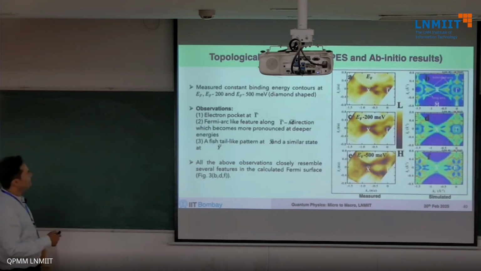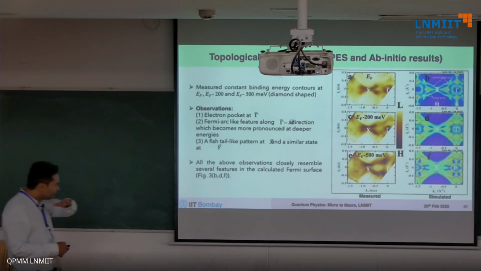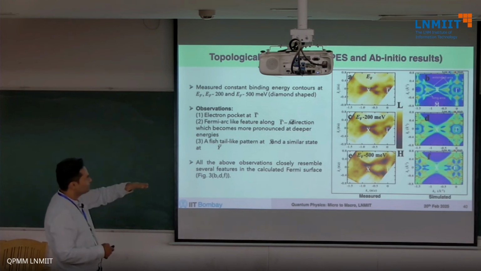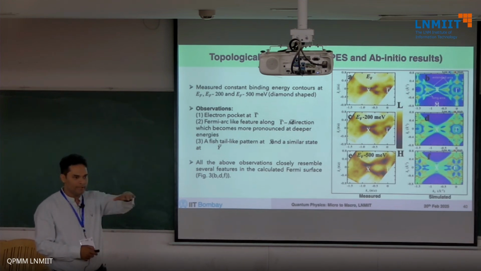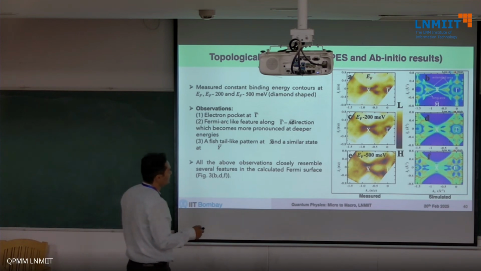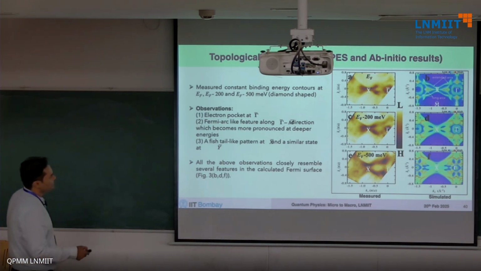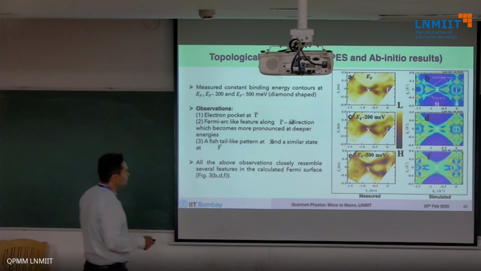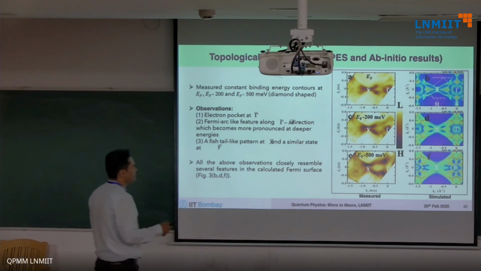This is some Fermi arcs at 3 different energy cuts. So basically, if I look at the band structure, I can have the Fermi level, and then I can cut at different energies. So this is EF -200, EF -500. And again, the right-hand side plots are simulated by Vishal, and this is done by the Kimura group in Japan.